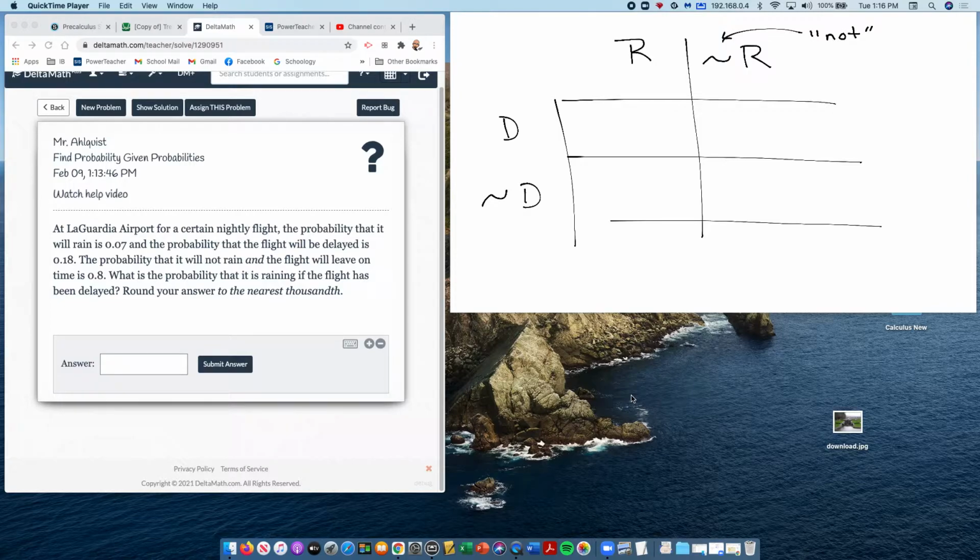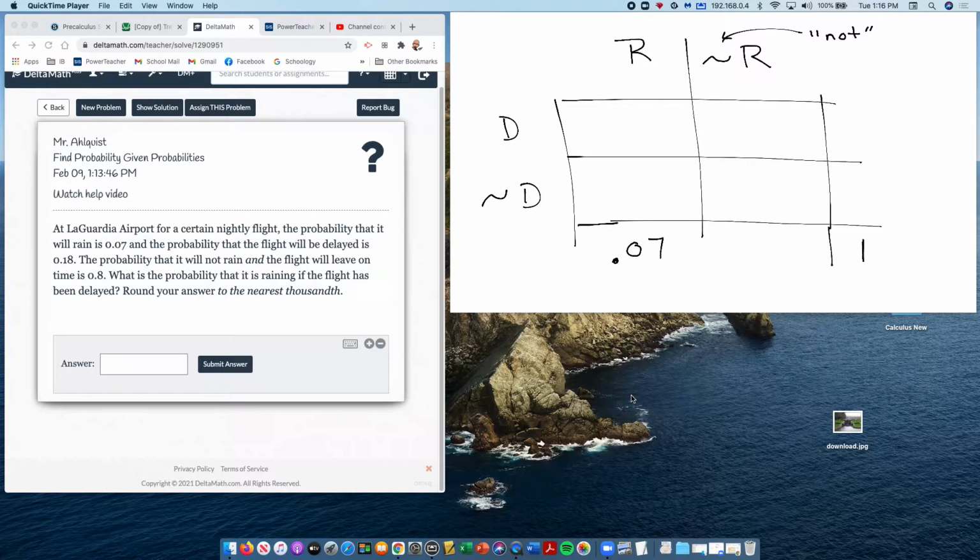Okay, so when we talk about this, notice that this down here is going to be 1 because it adds up everything that would happen. So the probability that it will rain is 0.07.